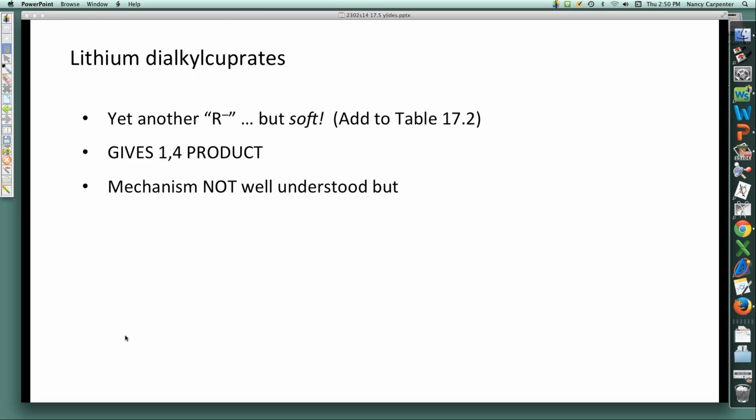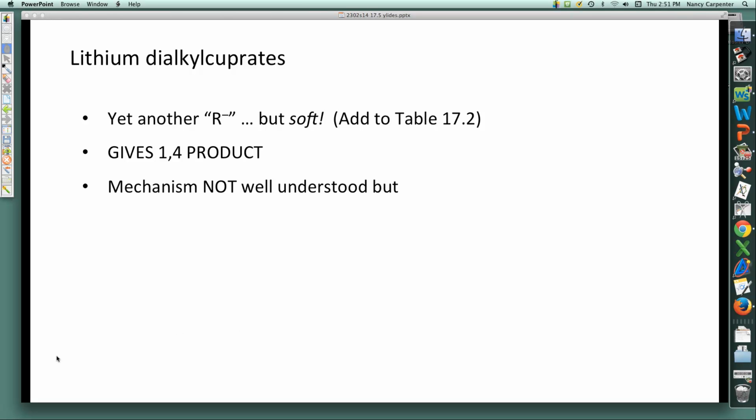Lithium dialkylcuprates are yet one more organometallic that we can think of as R-, but they're soft. So you can add those to table 17.2 under the soft nucleophiles, aka reversibly adding nucleophiles that lead to the 1,4 product.